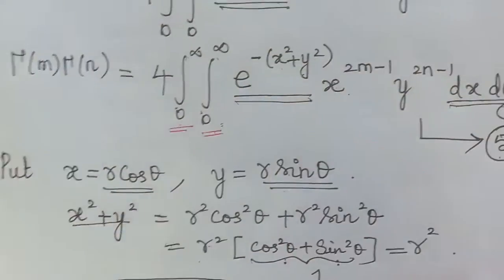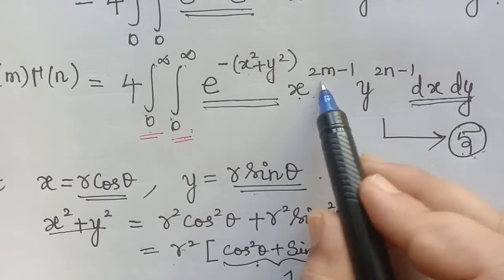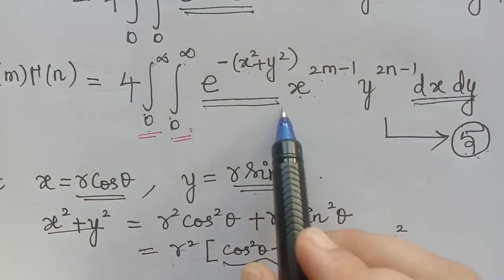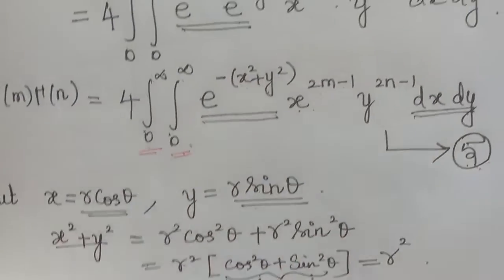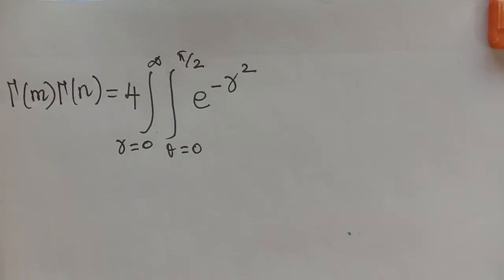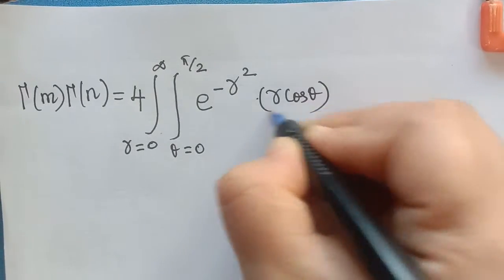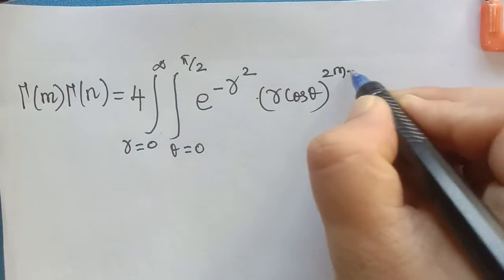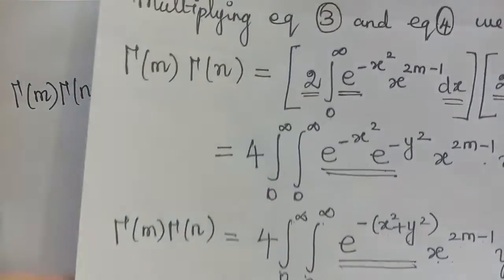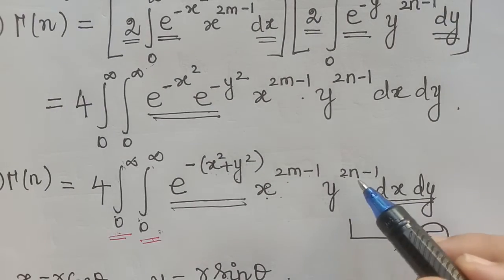So e to the power minus r square. And after that we have x to the power 2m minus 1. But what is x? x is r cos theta. So r cos theta to the power 2m minus 1. Next we have y to the power 2n minus 1. What is y? y is r sin theta.